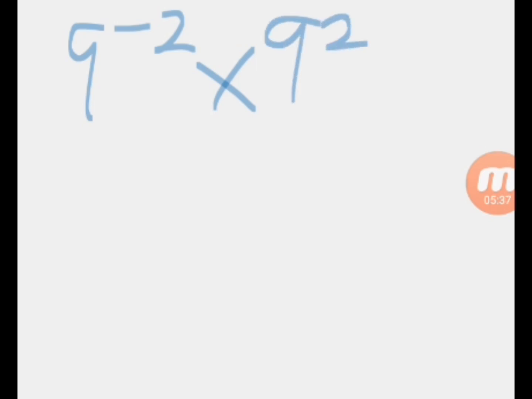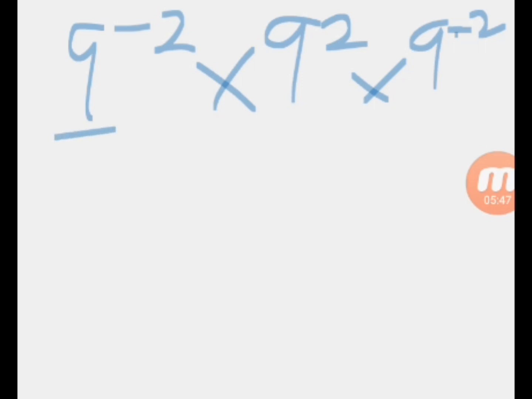Okay, with this now, we'll be having 9 raised to the power minus 2, times 9 raised to the power 2, times 9 raised to the power minus 2. Remember, that's what we got.